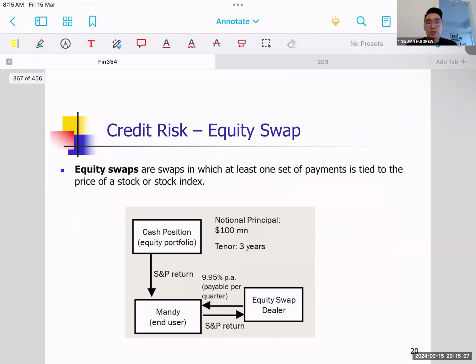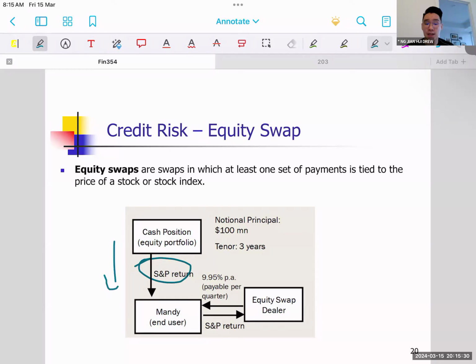Okay, so that's the interest rate swap. Now let's think about an equity swap. In an equity swap situation, let's think about a client. Say a client has a portfolio of equities, maybe the S&P 500, and she's getting S&P 500 returns every month.